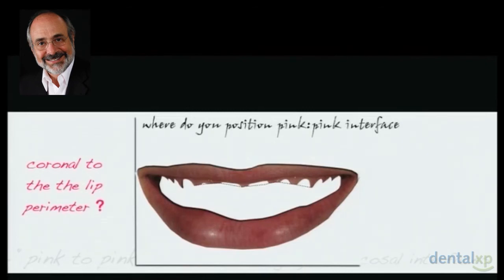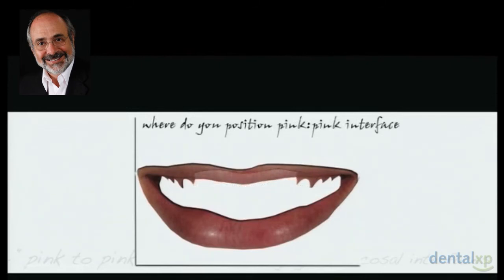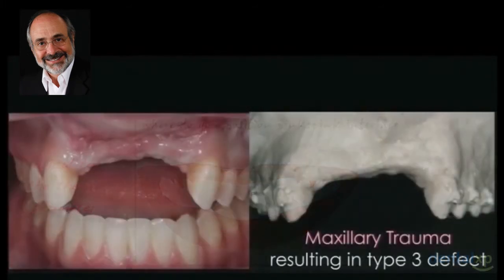So a small piece of papilla you don't want to look at making. You're going to make the whole papilla or none of it. So when you do this, you want to move this interface up underneath the lip here, where you see. And you want to move it apical to the inferior border of the upper lip. Get it up out of the way.